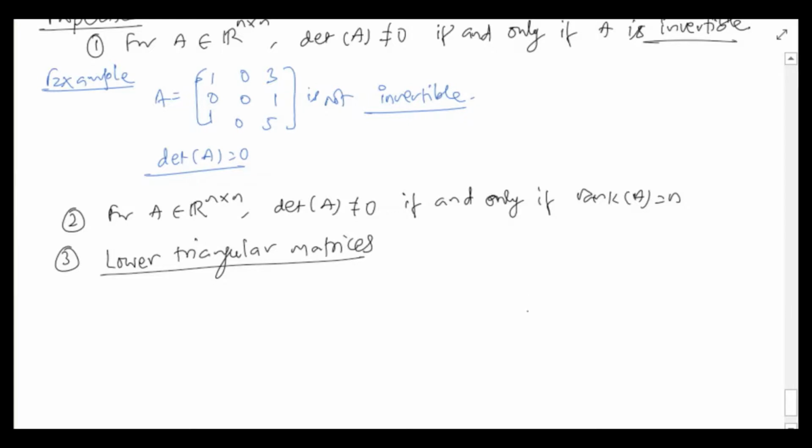Let us consider a square matrix A, say an n cross n matrix. The entries A11, A22, etc. up to Ann are called entries on the main diagonal. So this is called the main diagonal of A.